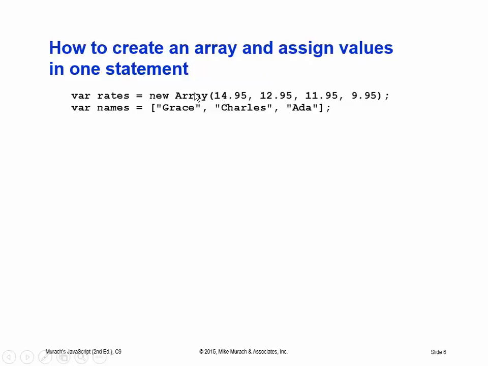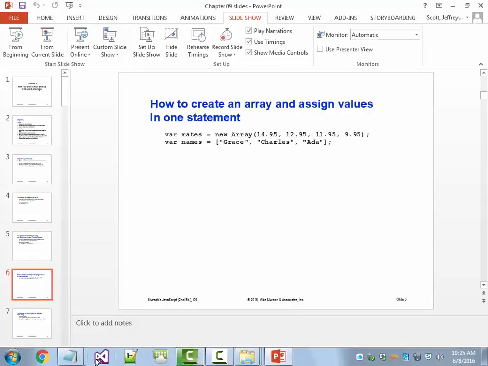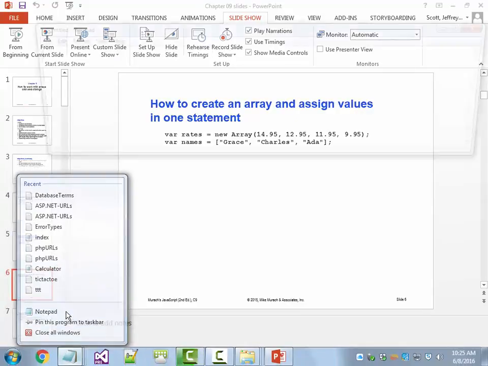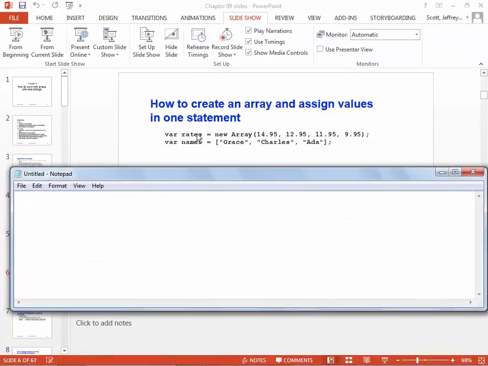Here are two arrays. This is a numeric array, so rates. Let's look at the example that's here, and I'm not going to put in regular code, I'm just going to show you it like this. So with this right here, rates sub 0, and that's how you say it, equals 14.95.